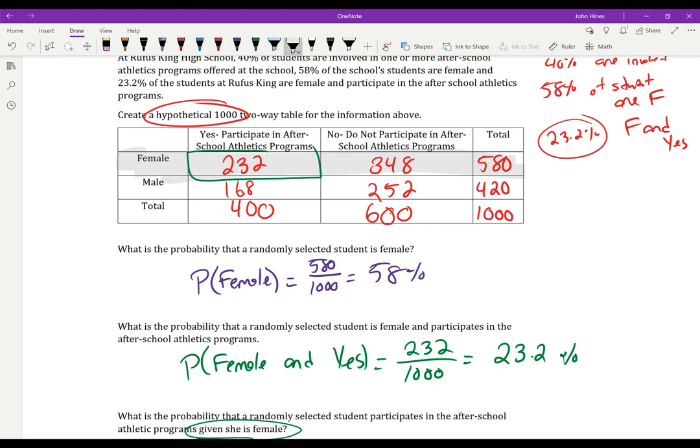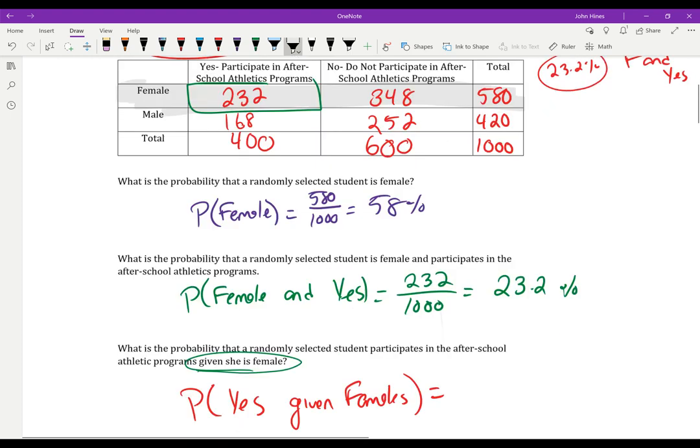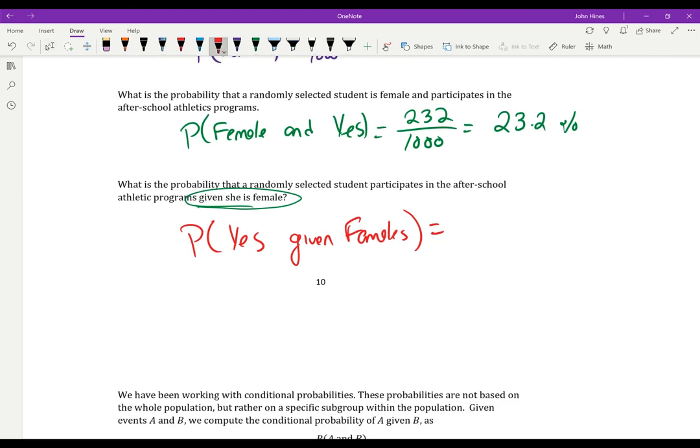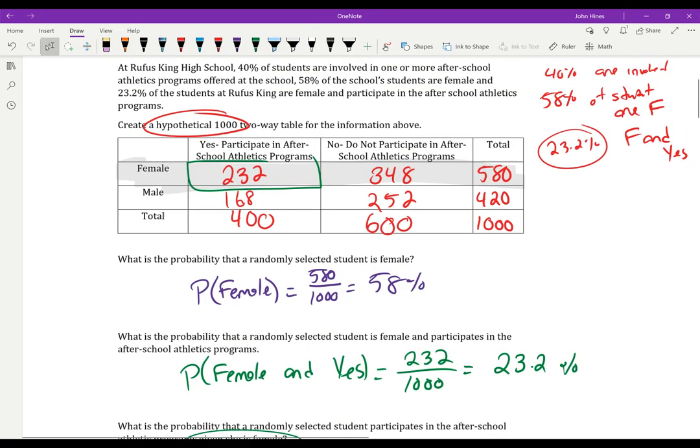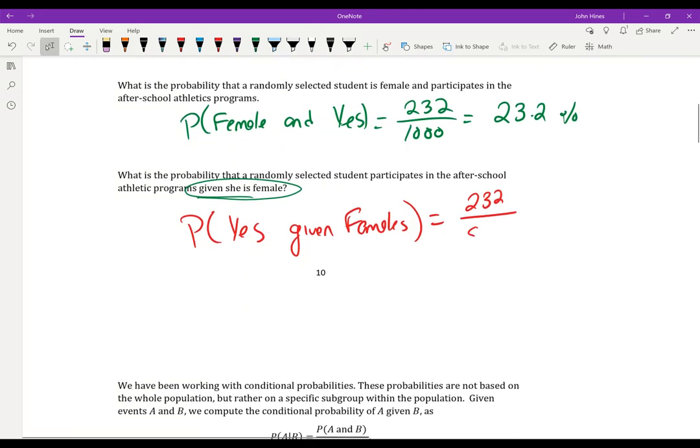How many of them do after-school athletics? 232 out of, how many females were there? I'm not picking out of 1,000. 580. So that given probability, you have to create it on your own. 232 divided by 580 comes out to be a perfect 0.40, so that's 40%.